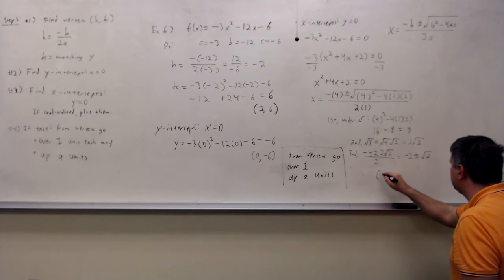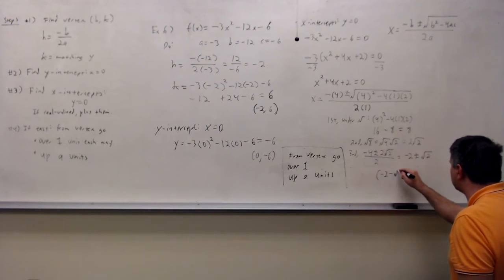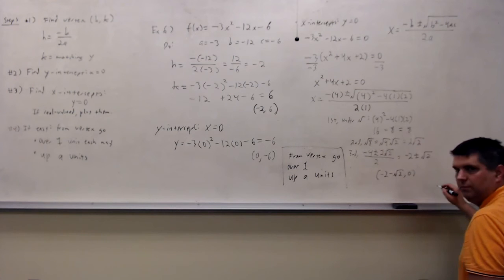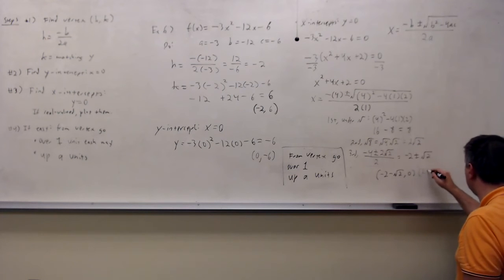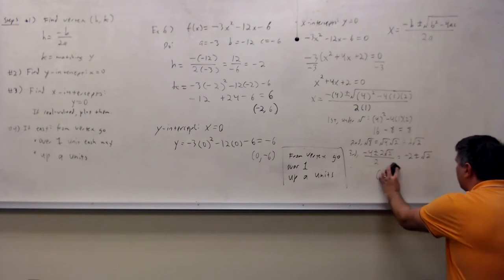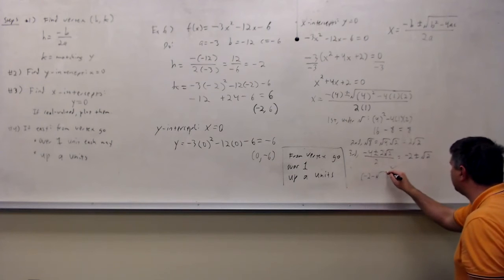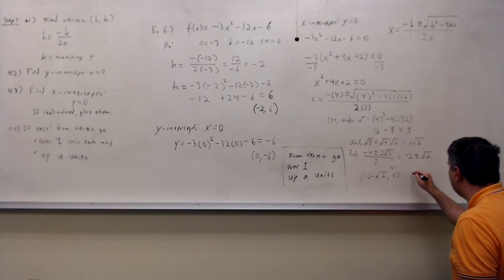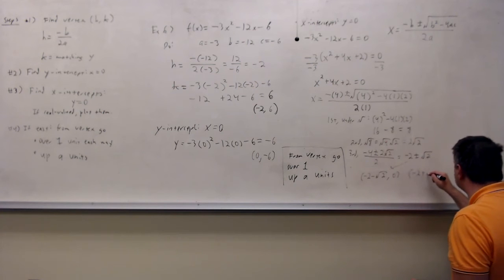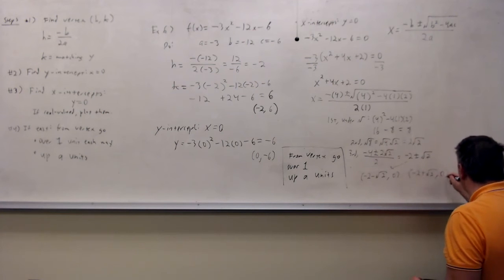So that'll be negative 2 minus the square root of 2, 0, and negative 2 plus. So I'm going to have to make better use of space. So this will be (-2 minus the square root of 2, 0). This will be (-2 plus the square root of 2, 0).